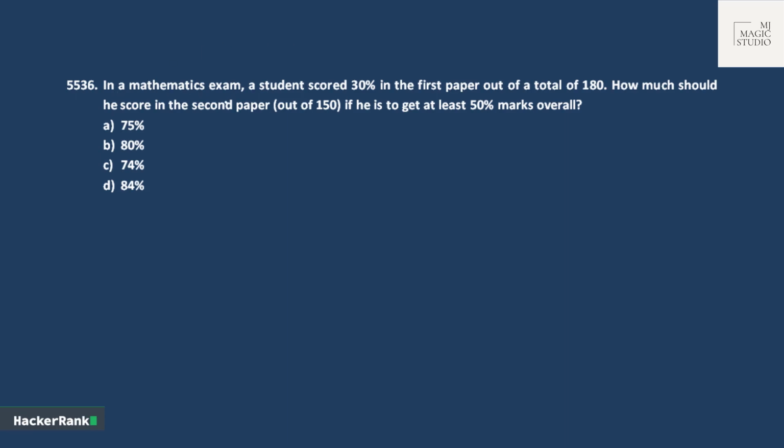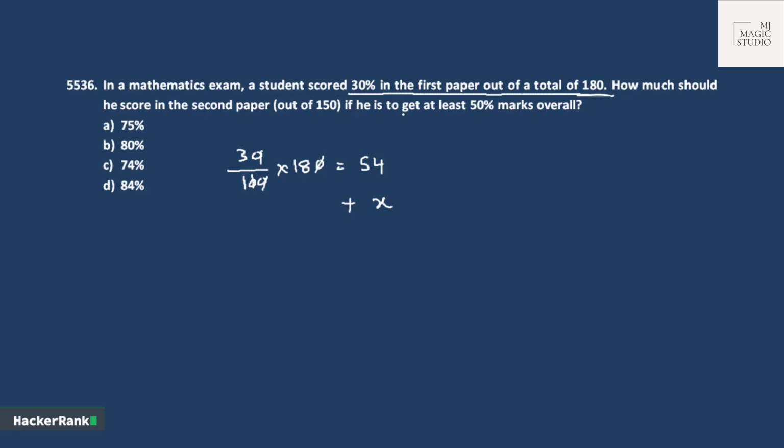In a mathematics exam, a student scored 30% in first paper out of 180. 30% of 180 is 54. That is his score. How much should he score in the second paper?